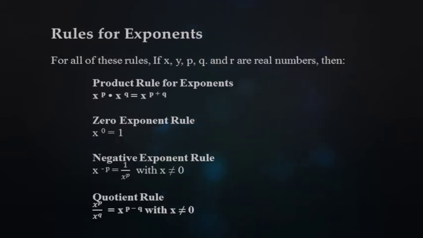The zero exponent rule, x to the 0 equals 1. The negative exponent rule, x to the negative p equals 1 over x to the positive p, or x to the p power. Remember that x cannot be equal to 0 there. The quotient rule says that x to the p divided by x to the q would be equal to x to the p minus q power.